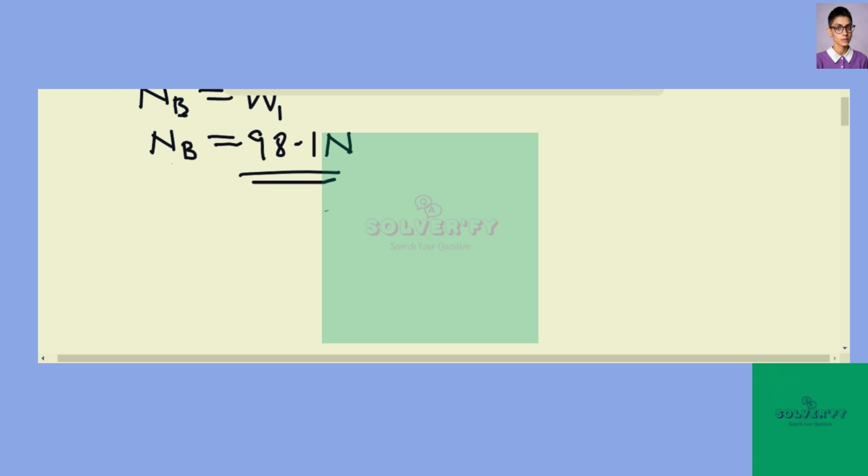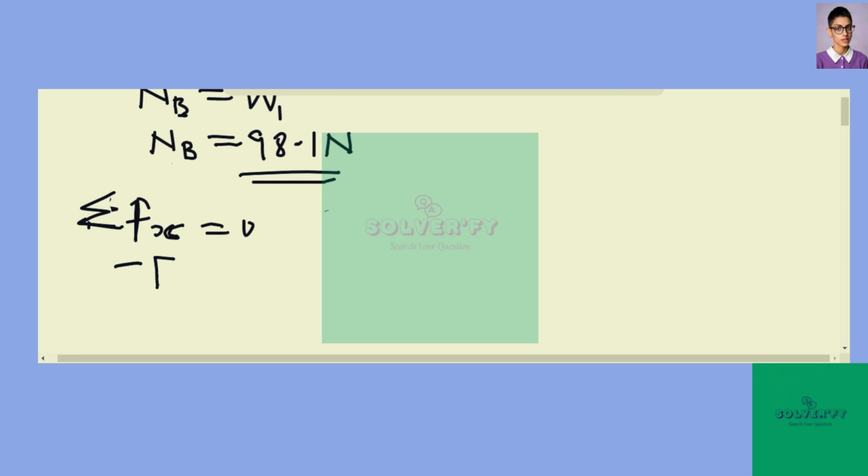Now we can consider equilibrium for the bottom part of the diagram. The summation of the forces in the horizontal direction will be equal to 0.